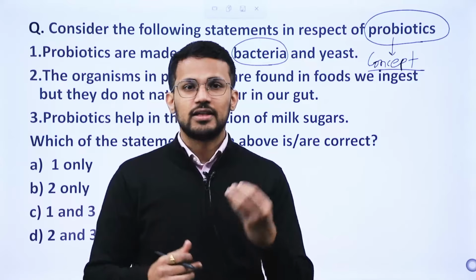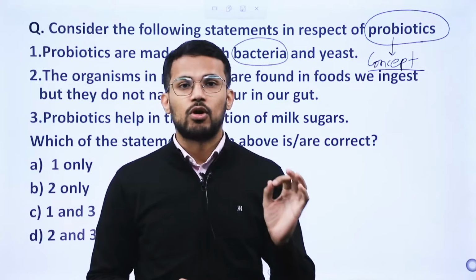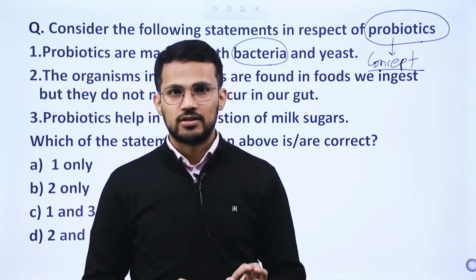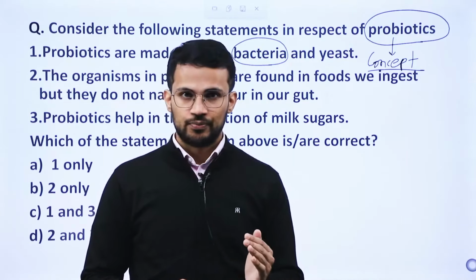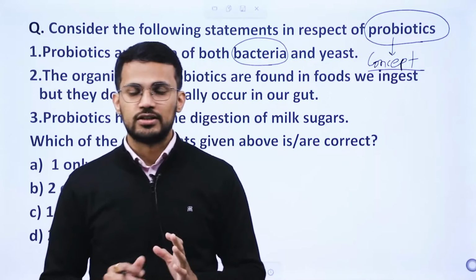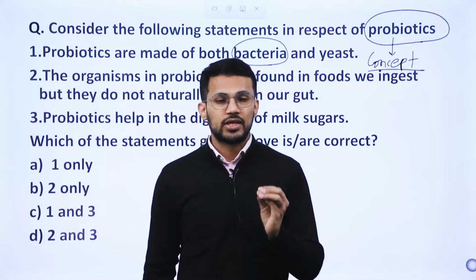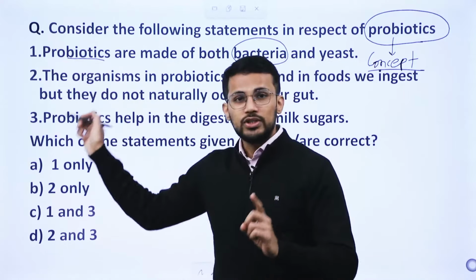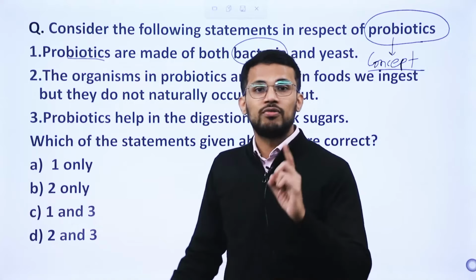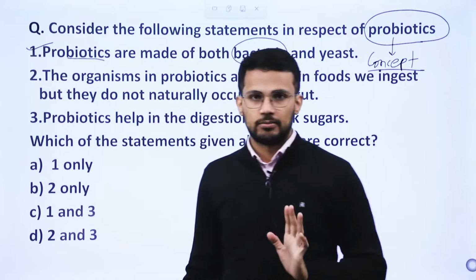Our gut health is corrected by these microbes. It can be in the form of bacteria, Lactobacillus for example, or in the form of yeast. These are the types of bacteria and yeast which can be used for the development of probiotics, which themselves consist of live microbes. And that's why the first statement is correct.